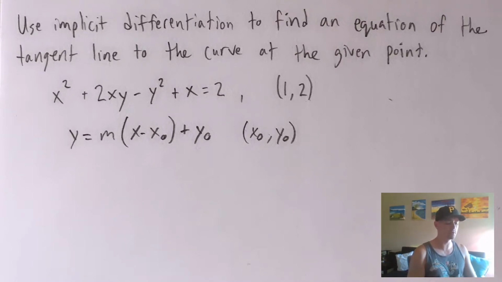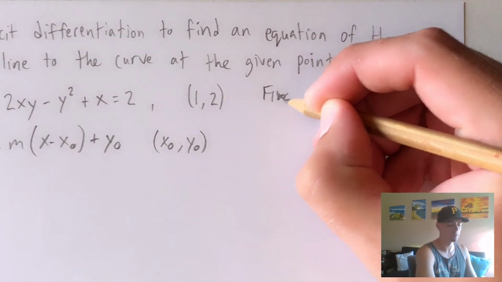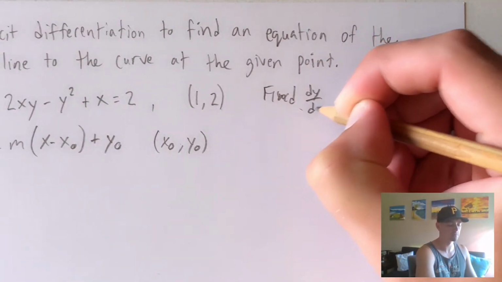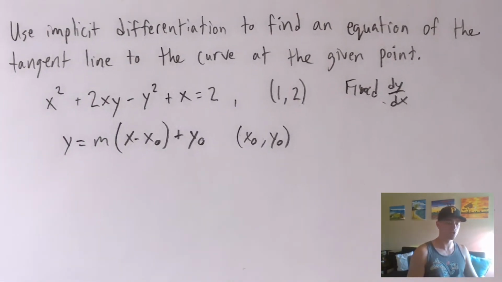Because when you use implicit differentiation, basically what that is going to be like is finding dy/dx. Because dy/dx represents the derivative of your function y with respect to x. So dy/dx basically just tells you the change in y over the change in x, which is rise over run, which is exactly what the slope is.